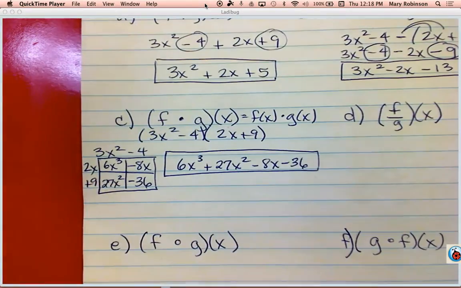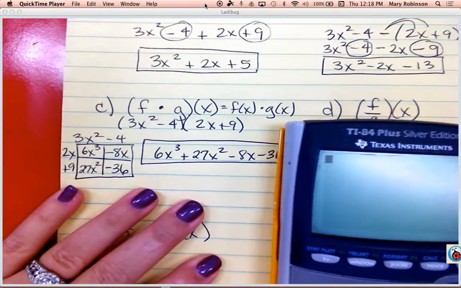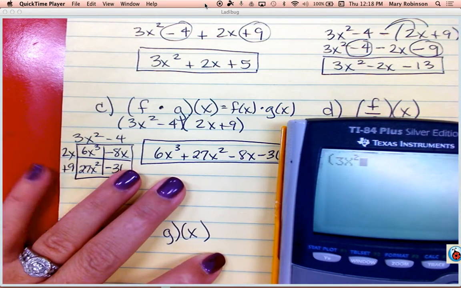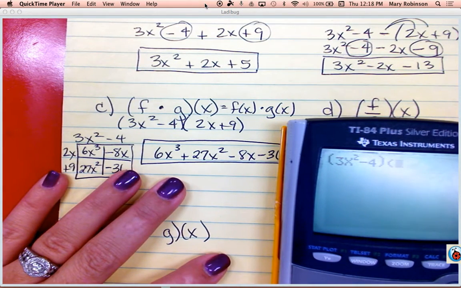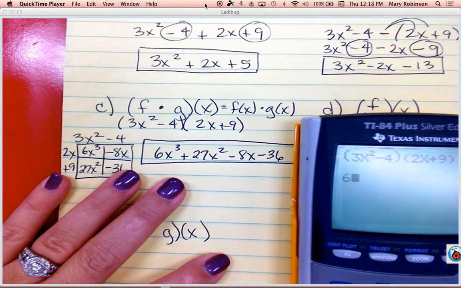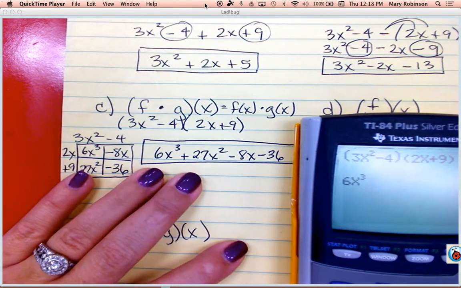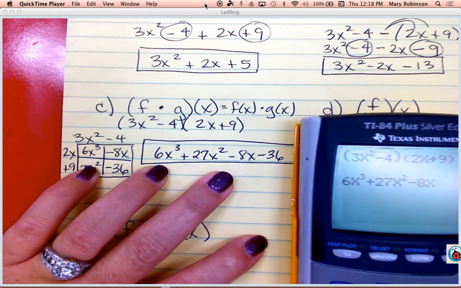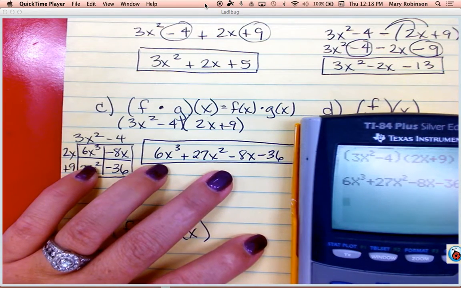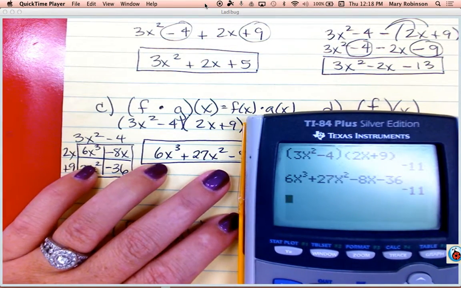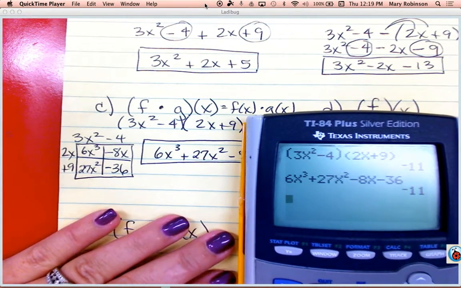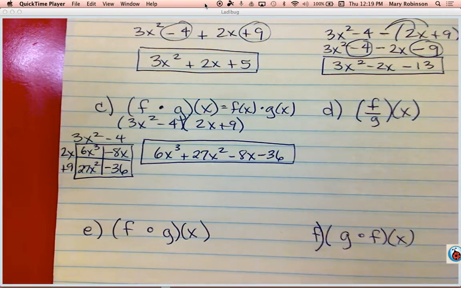But of course, we want to check our answer. So 3x squared minus 4 times the quantity 2x plus 9, and then 6x to the third plus 27x squared minus 8x minus 36. And I get negative 11 for both, so that's a good thing. That means my answer is correct.